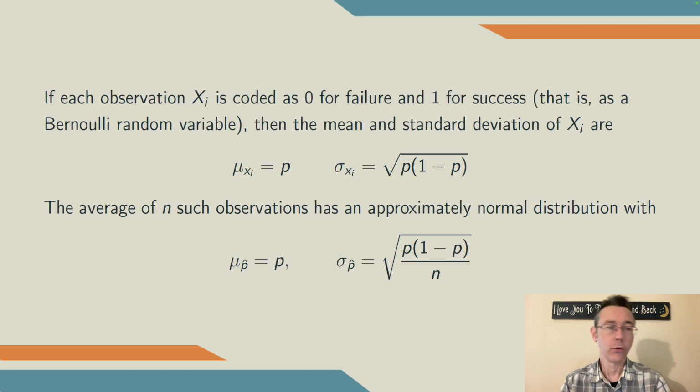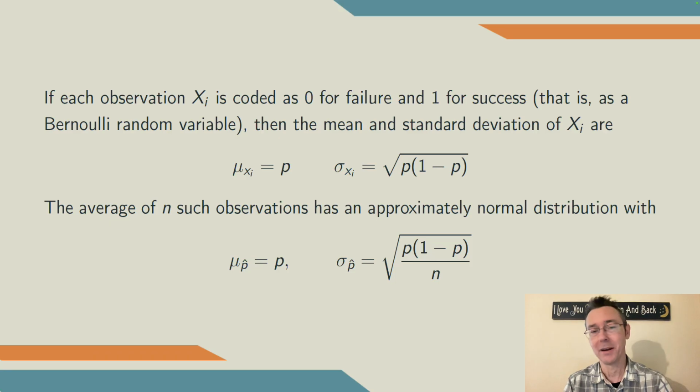Going back to proportions, if each of our n observations is coded as 0 for failure and 1 for success, so that is like a Bernoulli random variable, then the mean and standard deviation of any particular observation, xi, are p and the square root of p times 1 minus p, respectively. I have a whole video on Bernoulli random variables and the binomial distribution more generally, where this is computed and explained with a little bit more patience.